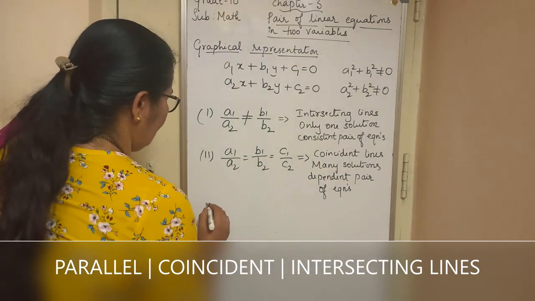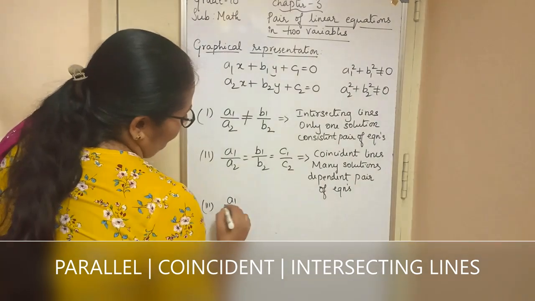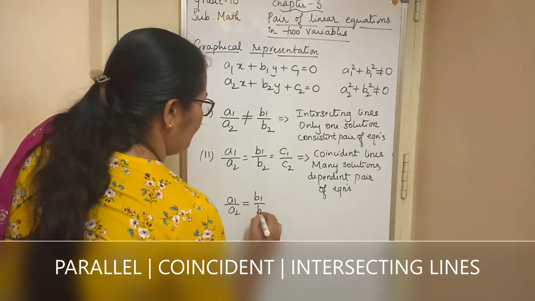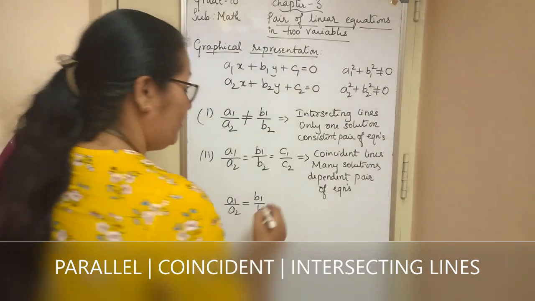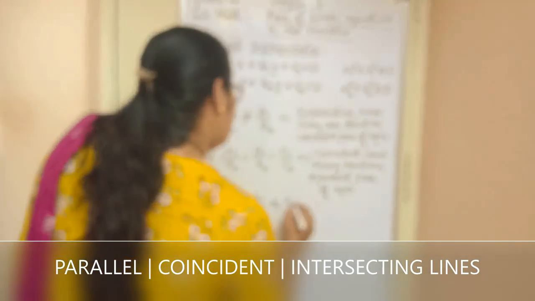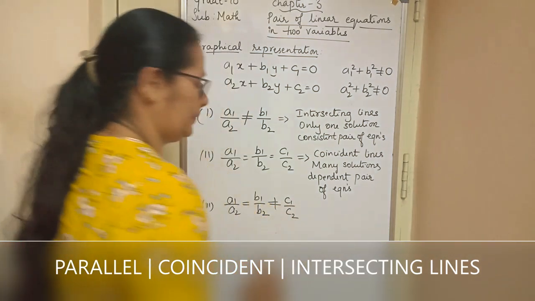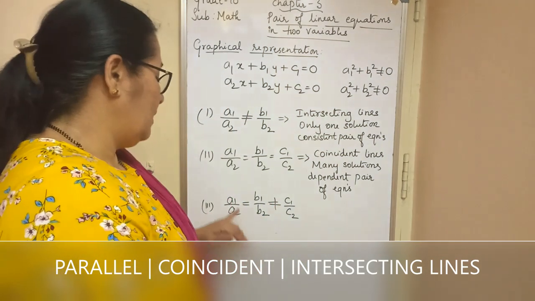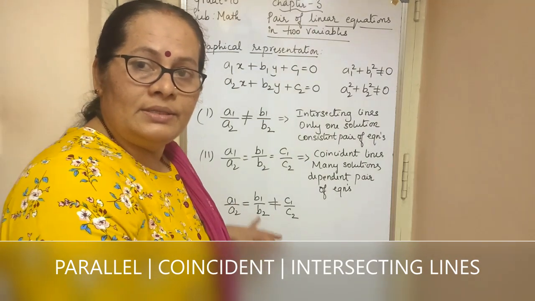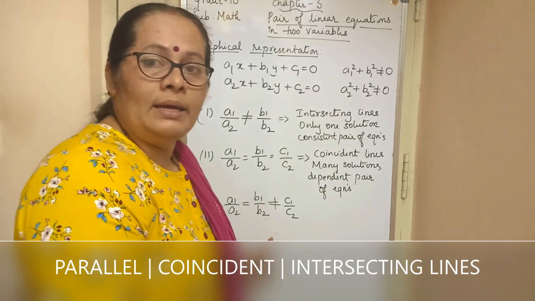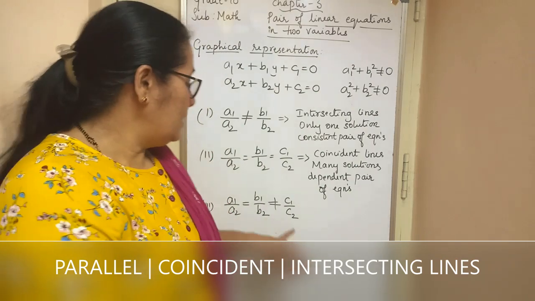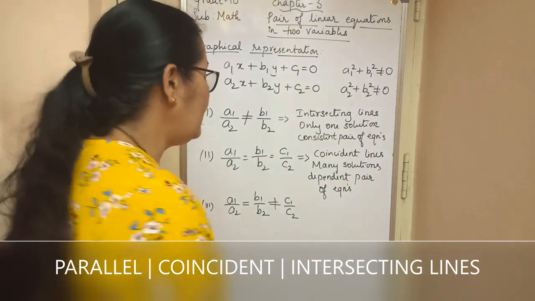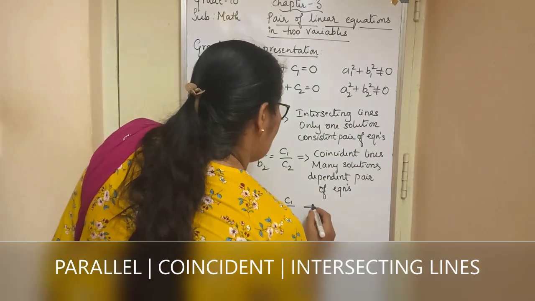Then the third one is a1 by a2 equals b1 by b2 not equal to c1 by c2. When the first two ratios are equal, a1 by a2 equals b1 by b2, but not equal to c1 by c2, then we get parallel lines.